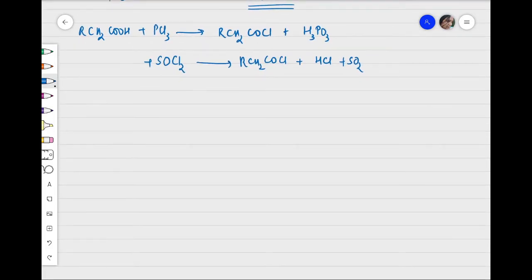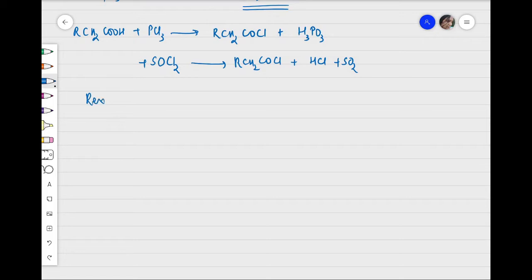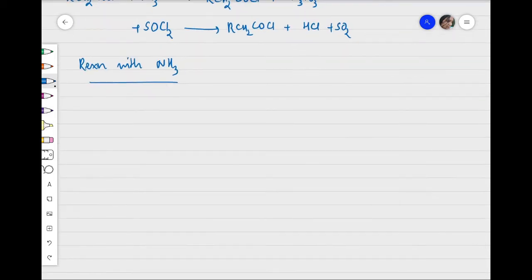Next, let me take the reaction with ammonia. Here again, if I take the general formula RCOOH, when it reacts with ammonia, you will get an ammonium salt.